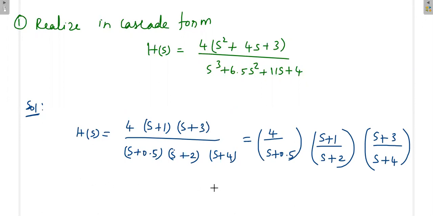This is similar to H(s) equal to H1(s), H2(s), then H3(s). Now we know H1, H2 and H3 separately. Now we have to realize each separately using direct form 2, and later we will connect everything together. What is H1(s)? That is 4 divided by (s plus 0.5).